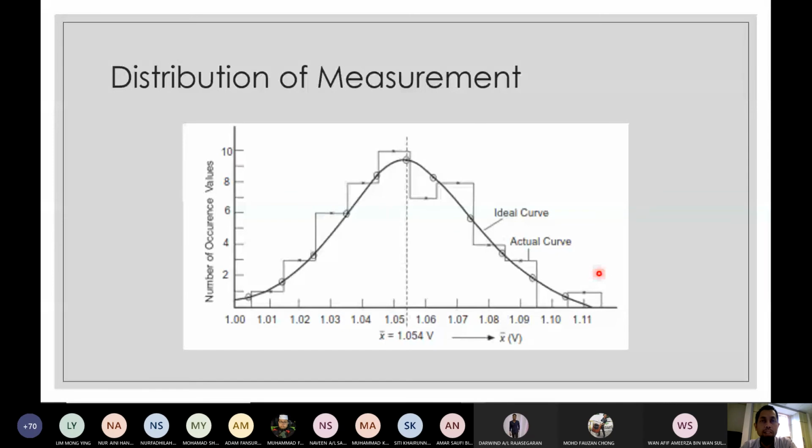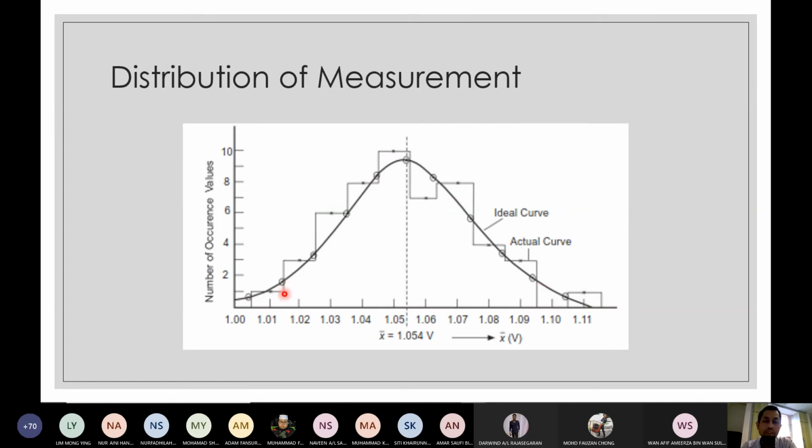And you can roughly draw the figure. The solid line refers to the ideal curve, the normal distribution, but the slightly thinner line represents the actual curve from the 51 measurements. The more measurements you do, let's say you repeat the process a few more times, the smoother the actual curve will be.